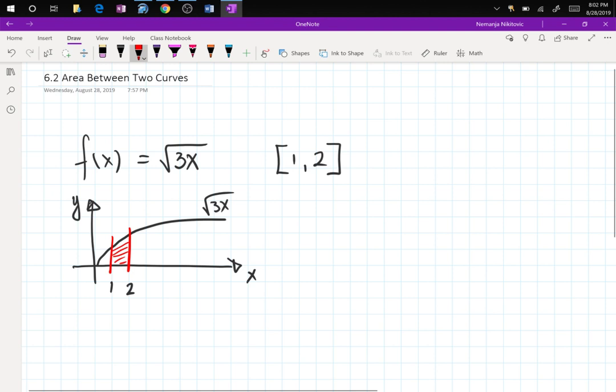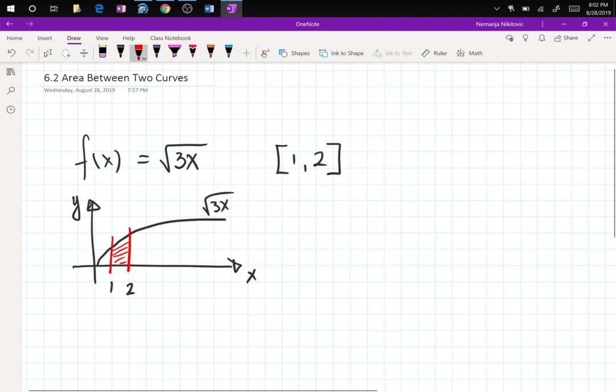So now, what we need to do is integrate, because integrals calculate accumulation. They calculate the amount, the area. Derivatives subtract, integrals add. They are opposite operations, which is why the fundamental theorem of calculus says derivatives and integrals cancel each other out.